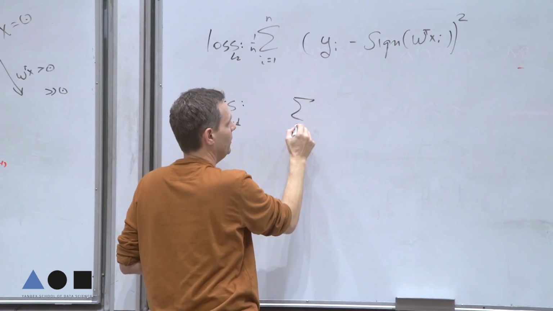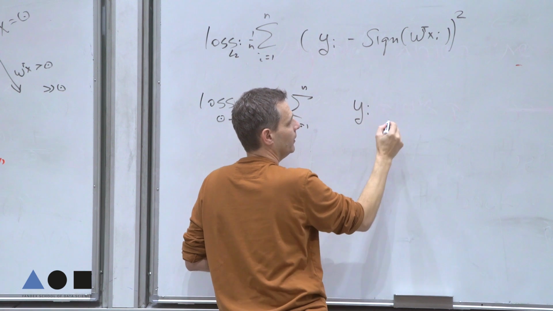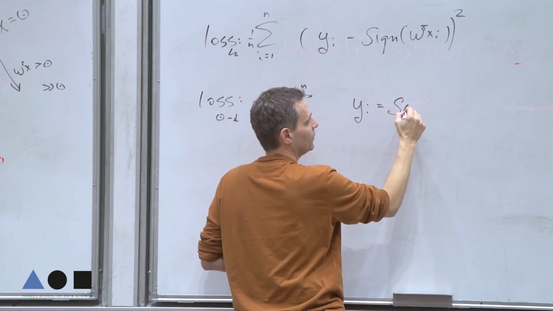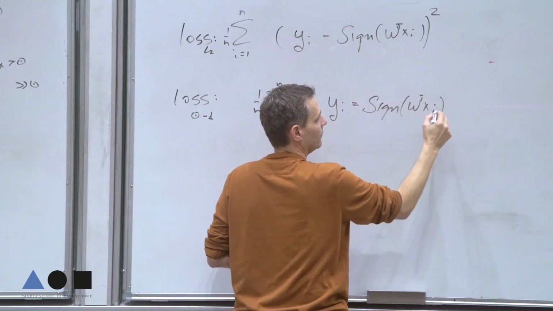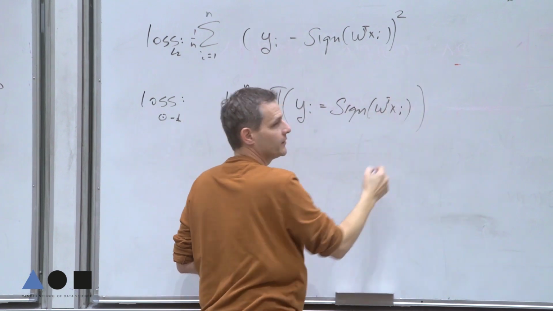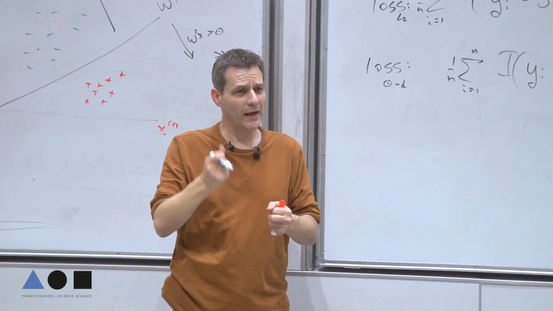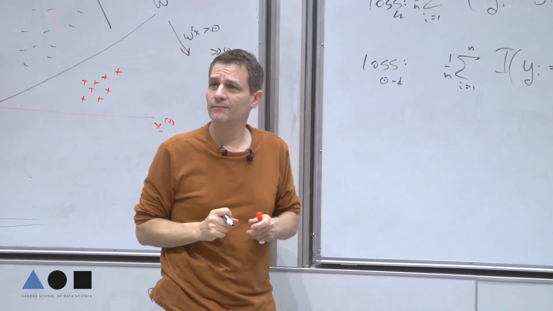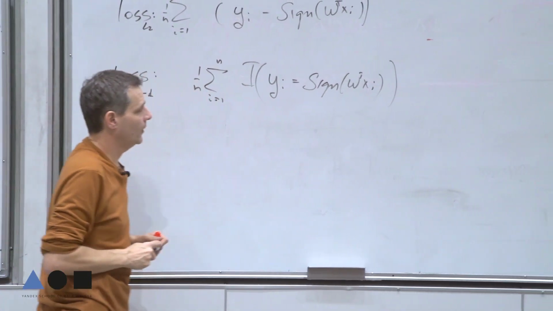The 0-1 loss could be: you just count whether yi equals the sign of w transpose xi. This is kind of an indicator function over this. It's 0 if they are equal, and you pay a penalty if they are different. So this is again a problem.